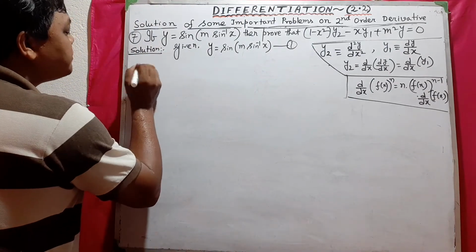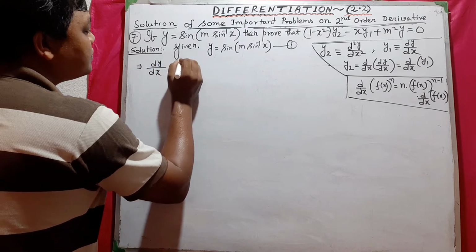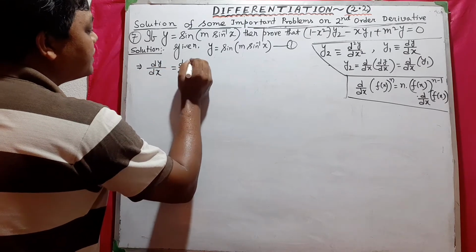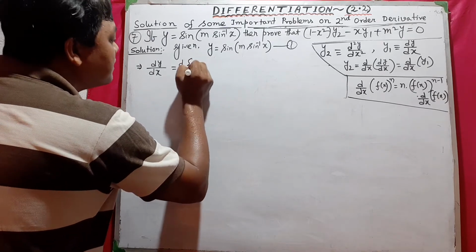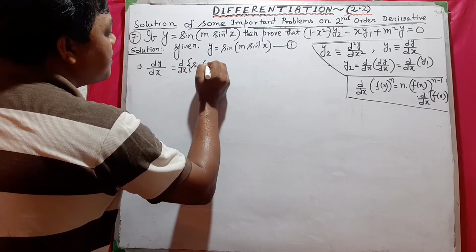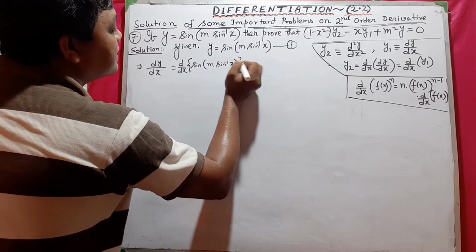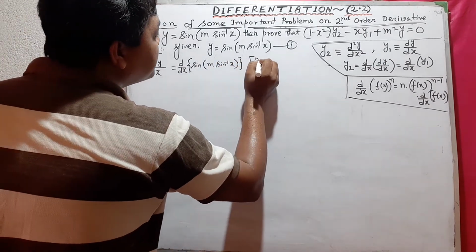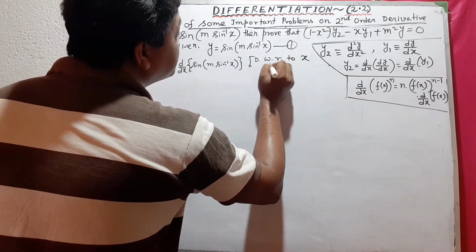Now differentiate with respect to x: dy/dx equals d/dx of sin(m sin inverse x), and we have to write down differentiate with respect to x both sides.